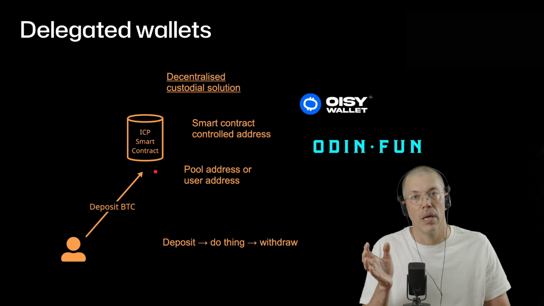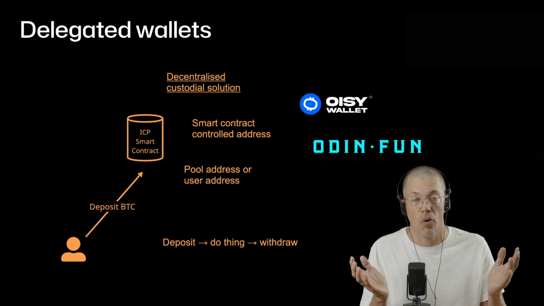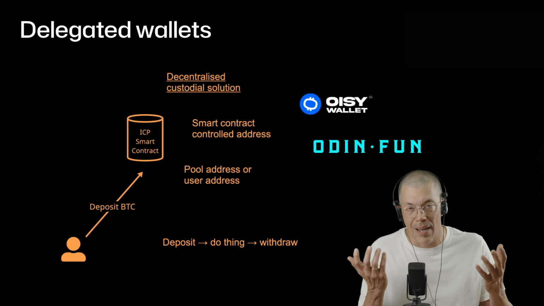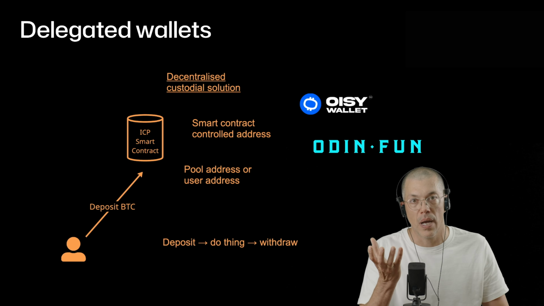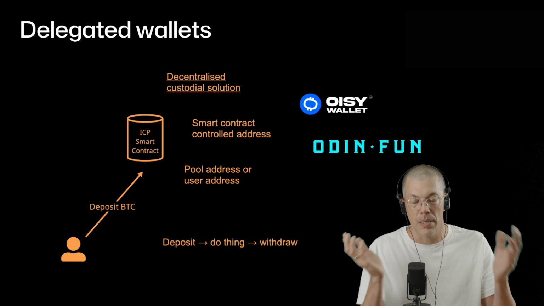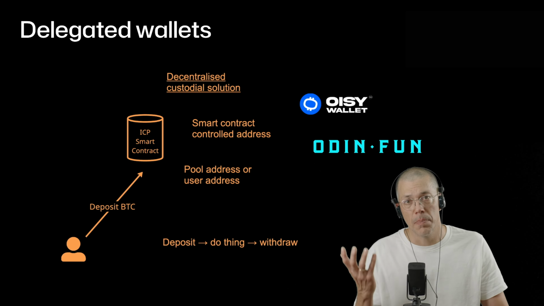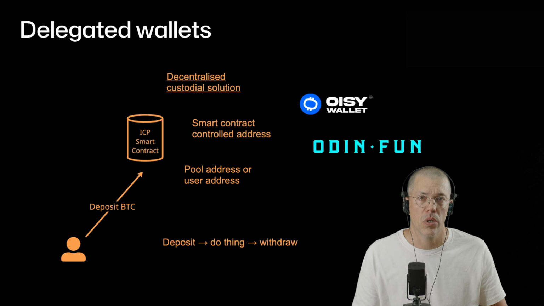You will give that smart contract full custody, the access over your Bitcoin in this case, and this address that you transfer to can either be a user address that belongs just to you, but is managed by the smart contract, or it can be some kind of pool address that manages funds for many users.